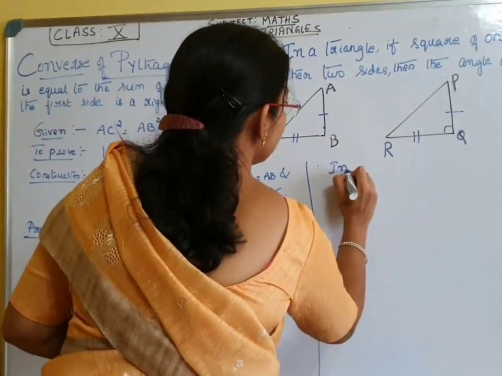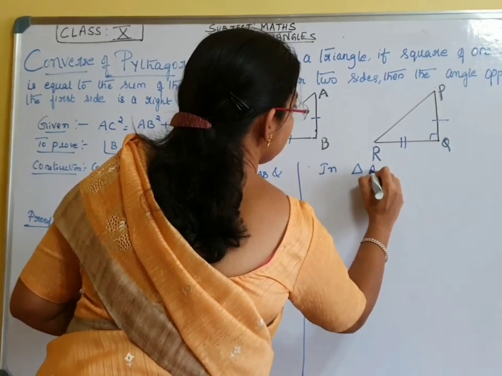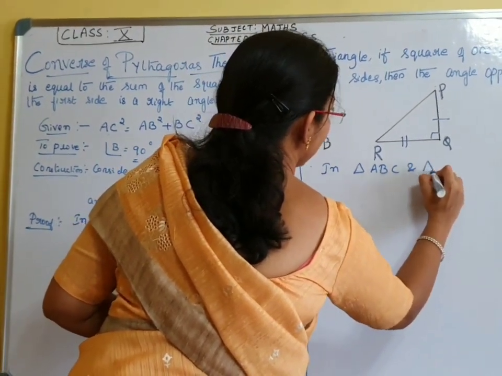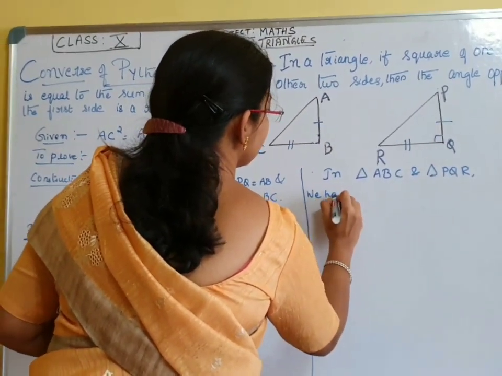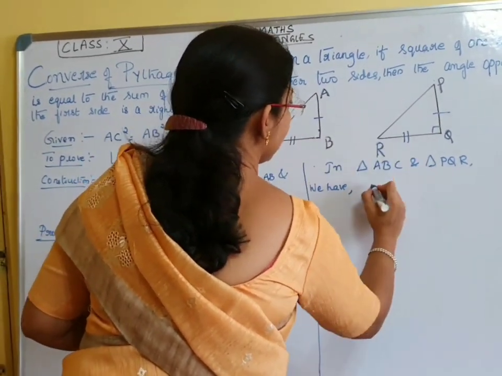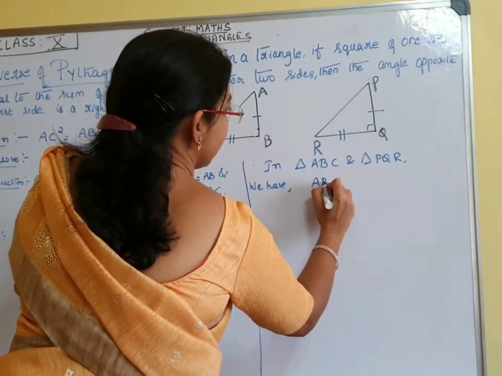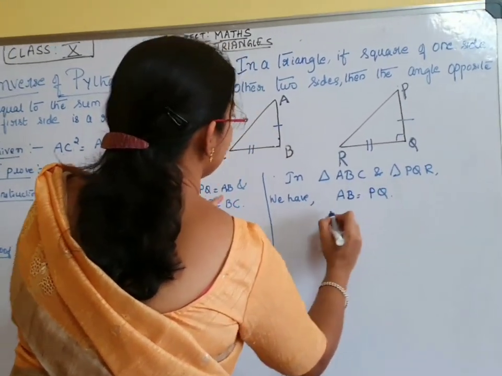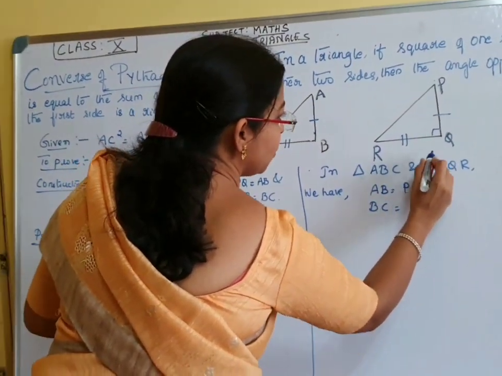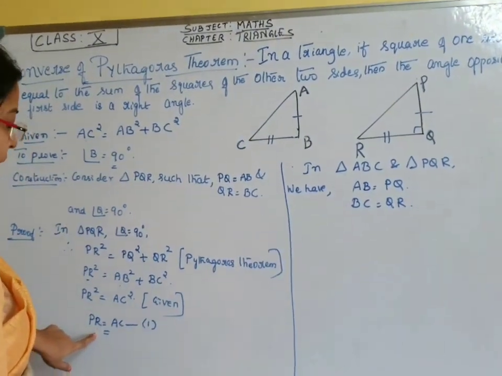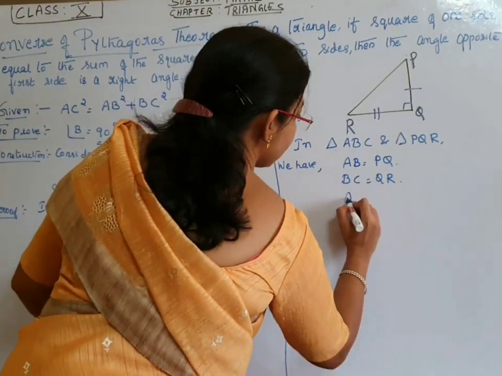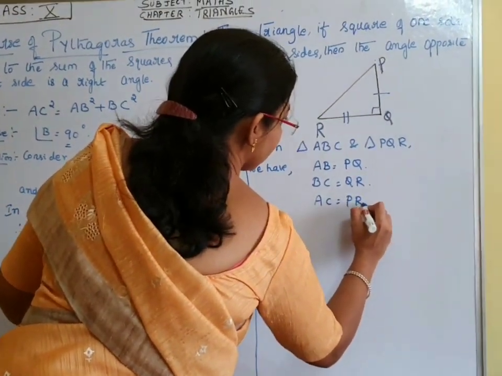Now in triangle ABC and triangle PQR, we have AB is equal to PQ, BC is equal to QR, and then we have proven here AC is equal to PR.